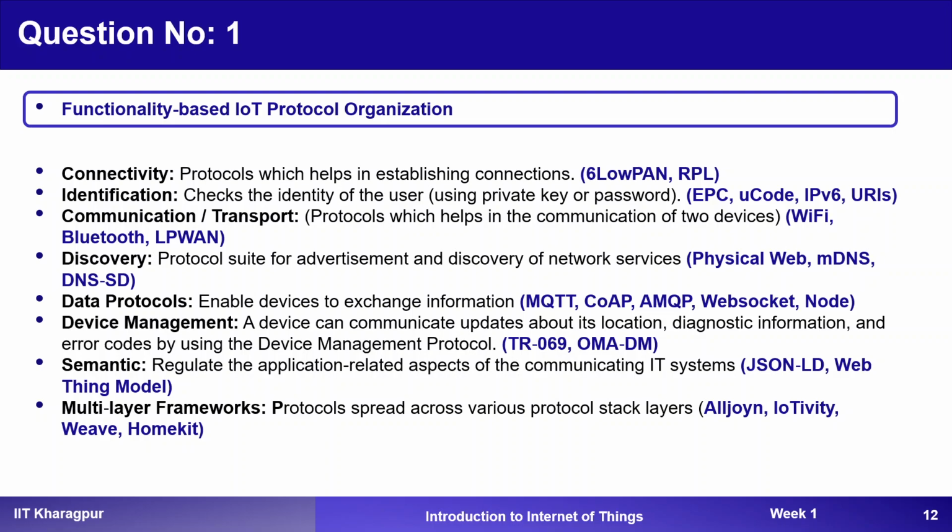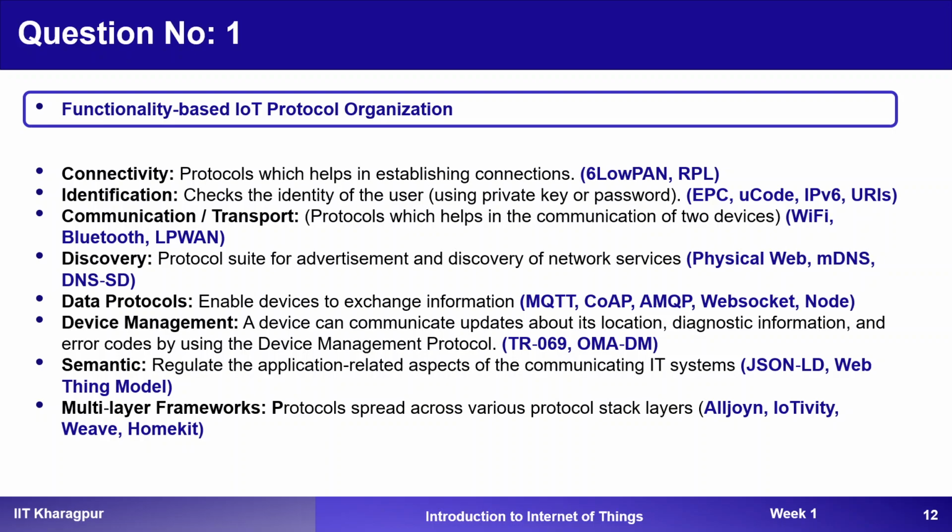As it is difficult to learn IP addresses, right? So we need some names for the particular IP addresses. So in that case, DNS servers are there, which provide domain names to your IP addresses. So such kinds of services come under your discovery protocols.